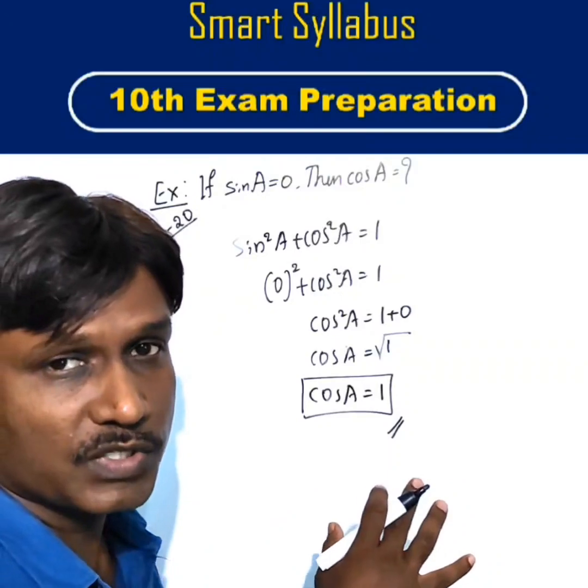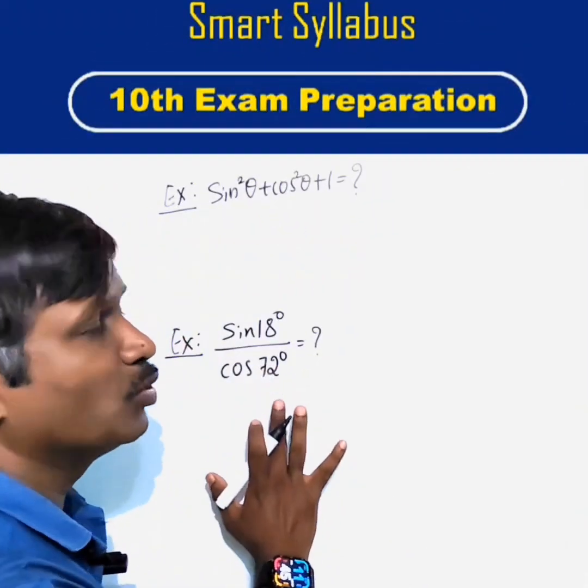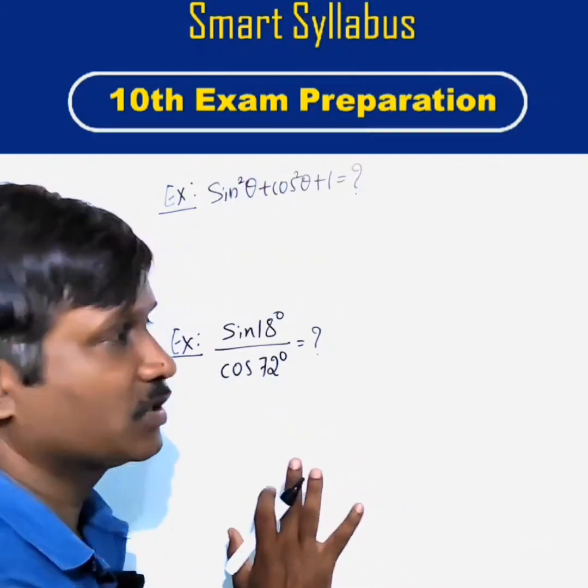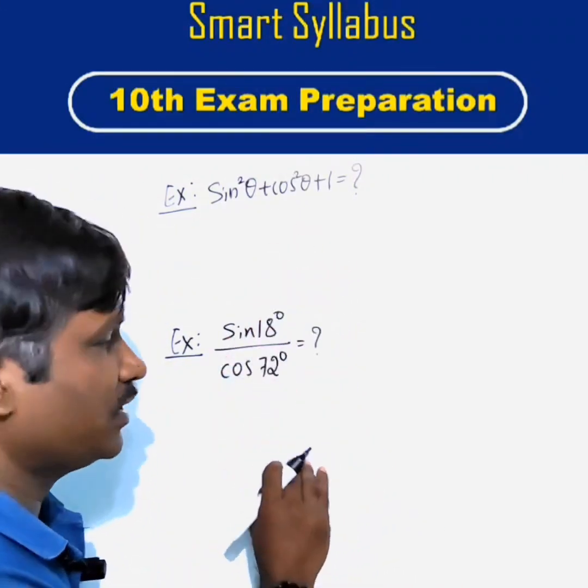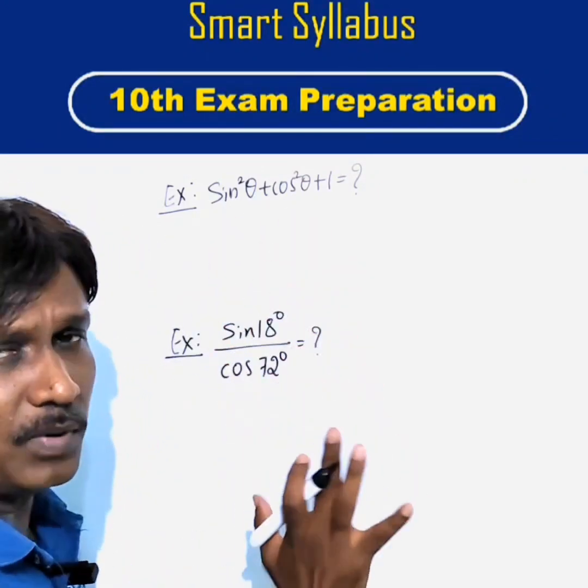Okay, let's check one more question from the previous year question papers. Dear students, now we have 2 more 1 mark questions from the previous year question papers. This one is from the model question paper and this one is March 2020. Here are the very simple questions.